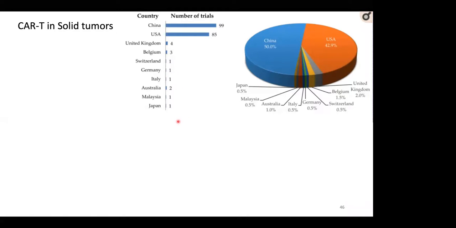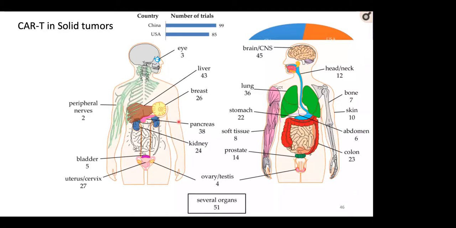And India is yet to kind of open its account, but I'm hopeful that in, say, the coming 3 to 5 years, we should also be there somewhere on the map. And they have targeted almost all the solid tumors which is possible, with most of the therapies targeting brain, CNS, tumors, glioblastoma. There's been incredible research on that happening. We also have trials on lung, breast, as well as pancreas.